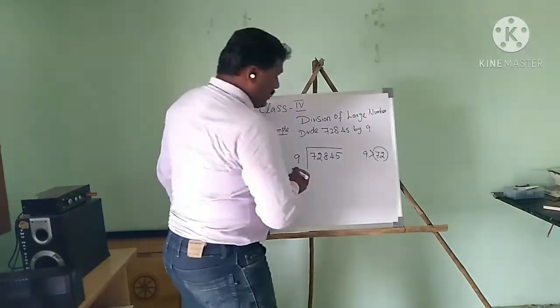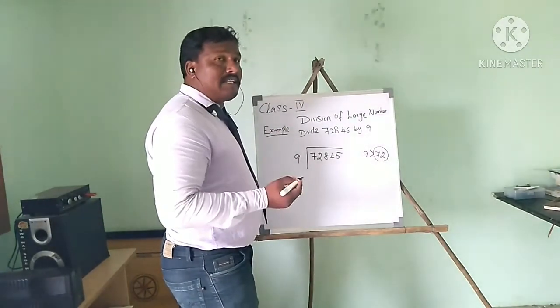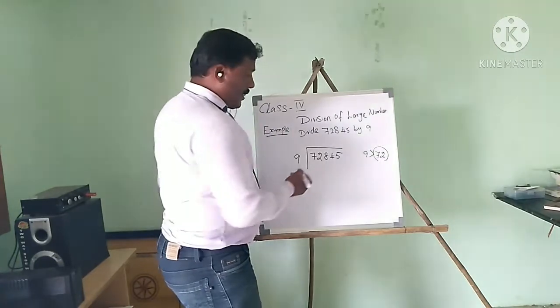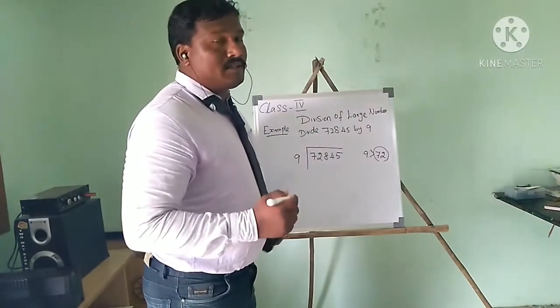So I will take the first two digits and divide. Now 72: I want to use the 9 table to see when 72 comes.